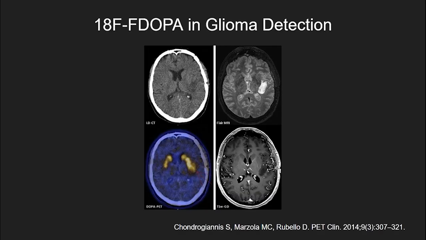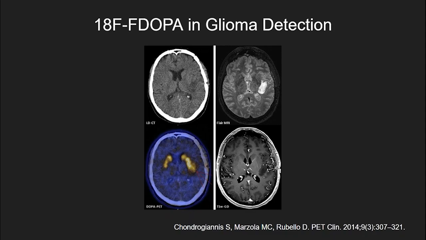So I'm just going to talk about two of these. The first is 18F-F-DOPA, and this is an 18 fluorine coupled with DOPA molecule, and it's a radiotracer that localizes to the striatum, to the caudate and the putamen.